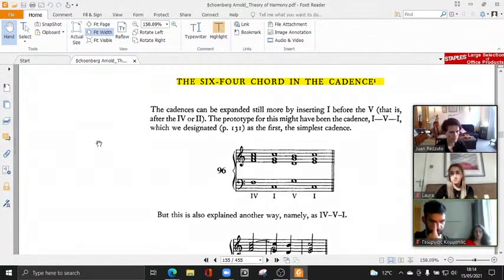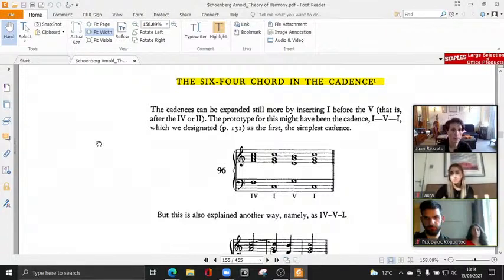It does exist, but he says in harmony, the cadences that contribute to the form are three: perfect authentic cadence, half cadence, and deceptive cadence. And today we're going to see the 6/4 chord in the cadence.